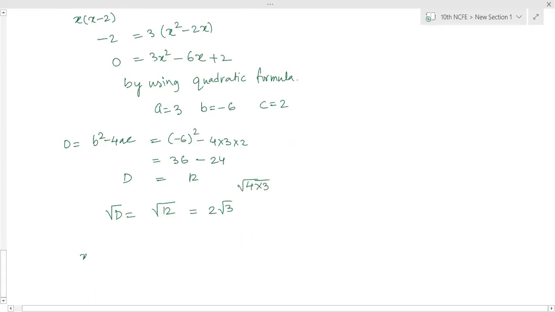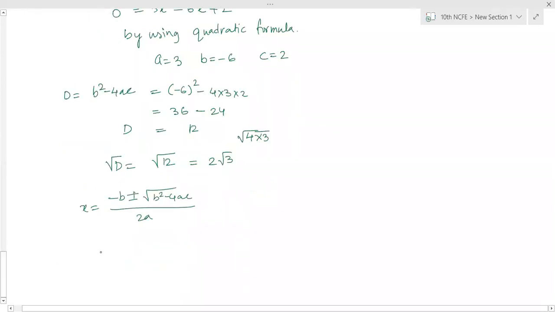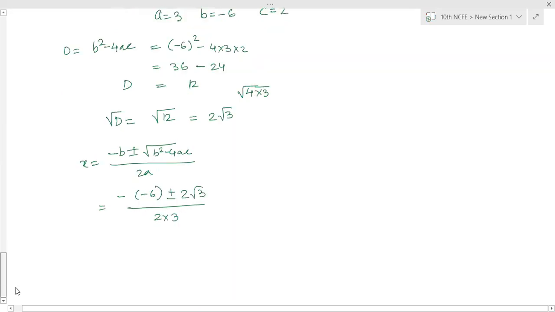And now the formula: x is equal to minus b plus or minus square root of b square minus 4ac by 2a. Substitute the values. Minus b, that is minus of minus 6, plus or minus the square root part, we already got it, 2 root 3, divided by 2 into a, that is 2 3s are 6.